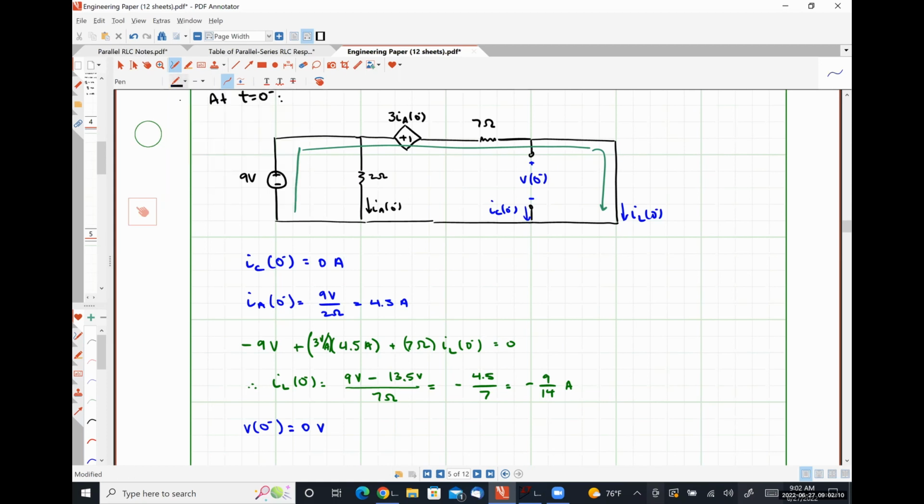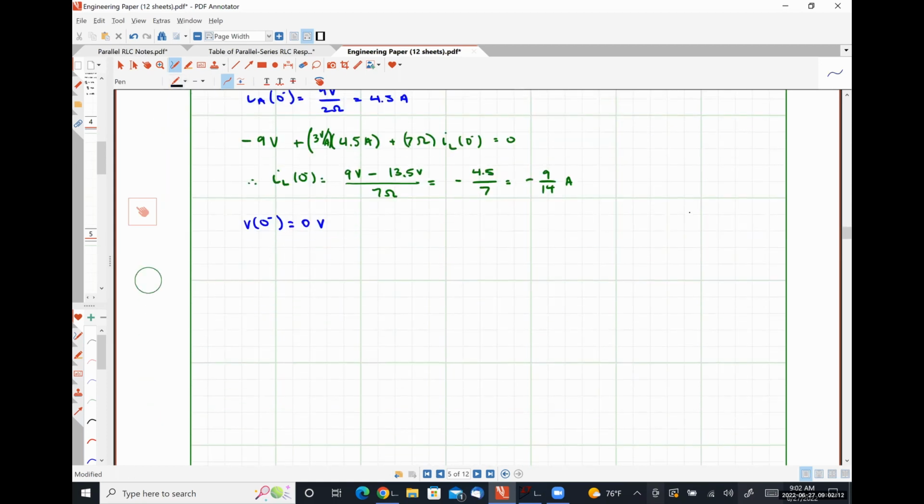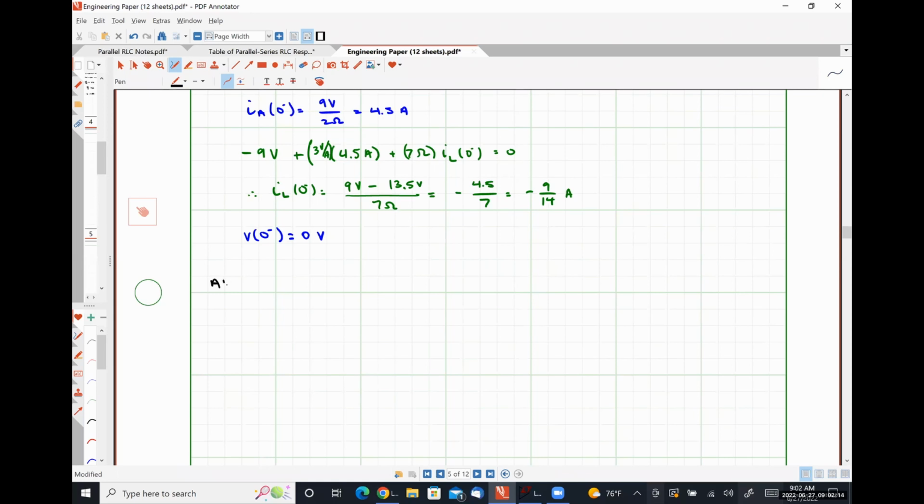Now we'll move along and analyze the circuit at 0 plus. So our 9-volt source is now disconnected. Here is our 2 ohm resistor through which our current IA at 0 plus will flow.